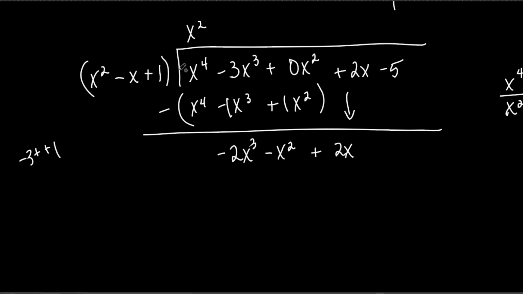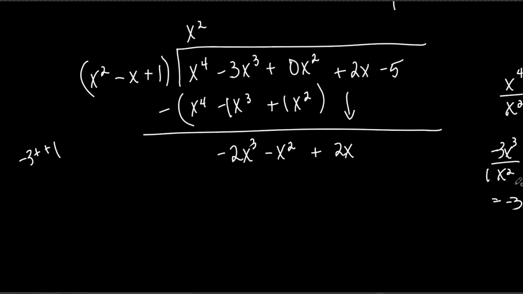Now we go through the routine again. We say, how many times does x squared divide into this next thing right here, negative 3x cubed? So let's do it off to the side. Negative 3x cubed over x squared. What is that? It's not negative 2. It's negative 3 divided by 1, which is just negative 3.